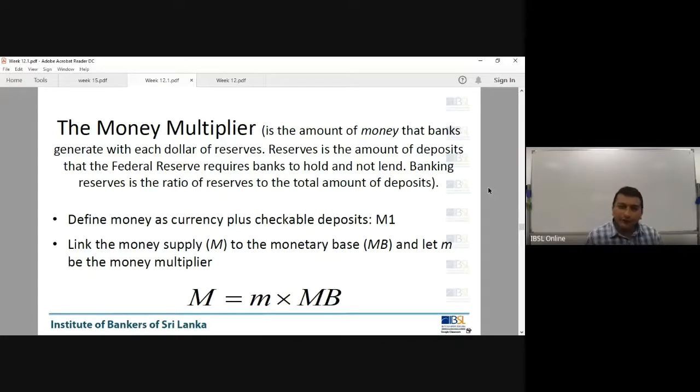So what you know, this reserve is the amount of deposits that the central bank requires banks to hold and not lend. Right? So the central bank requires all the banks to maintain these reserves with the central bank, but they are not supposed to lend that.